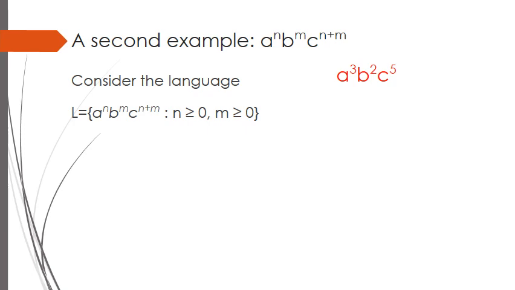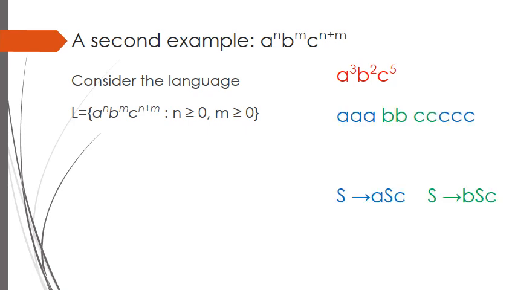As an example, the word a^3 b^2 c^5 is an element of the language L used in this problem. If we paint all the a symbols and the same number of c symbols blue and the remaining symbols green, we may immediately think of writing the following rules.